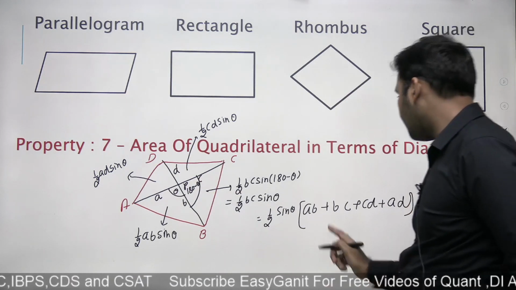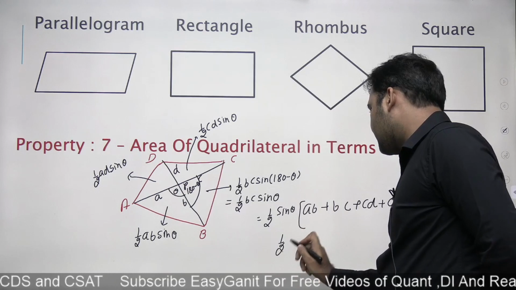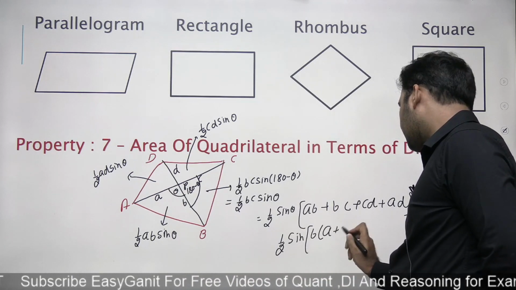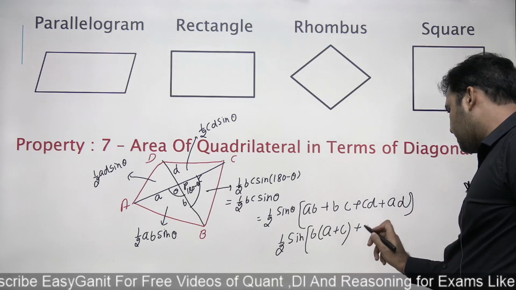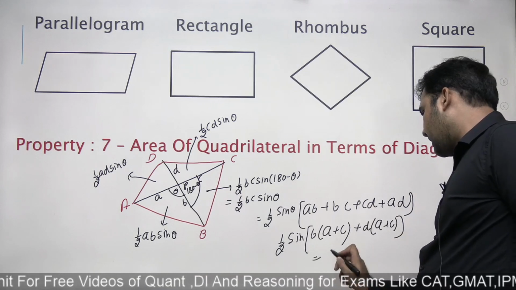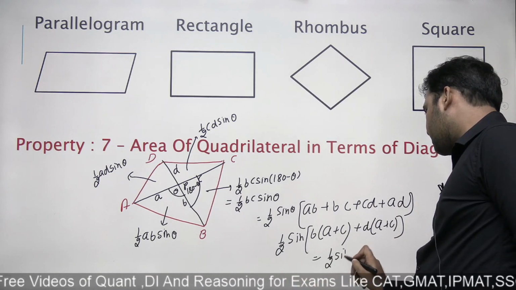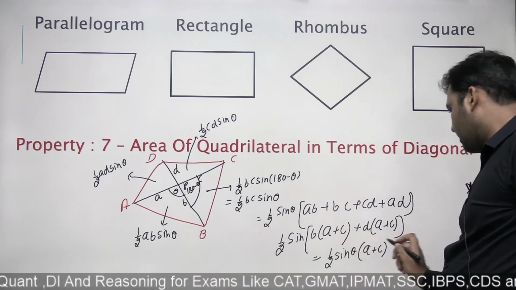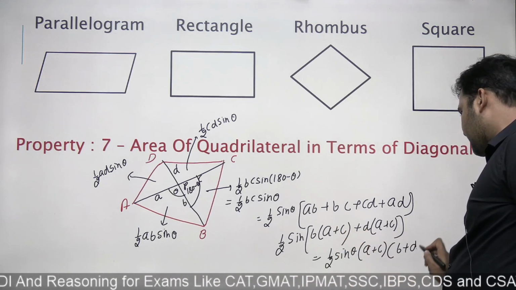Now, can I take A, B common from these 2? This will be A plus C. And if I take D common from these 2, I'll be left with again A plus C. Now, taking this as common, half into sine theta, can I take common A plus C? Now, you will be left with B plus D inside the bracket.